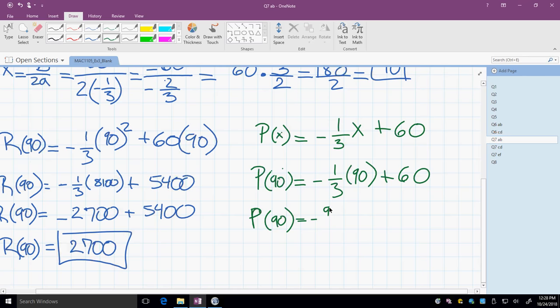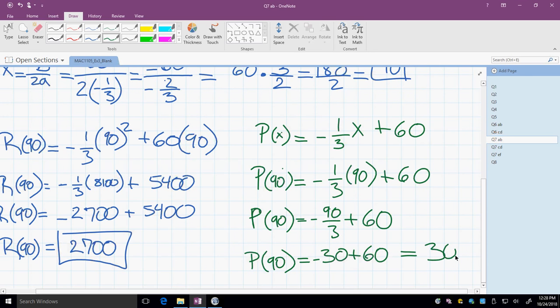Negative 1 times 90 is negative 90 over 3 plus 60. So negative 30 plus 60 is equal to 30. The price to maximize revenue will be $30.